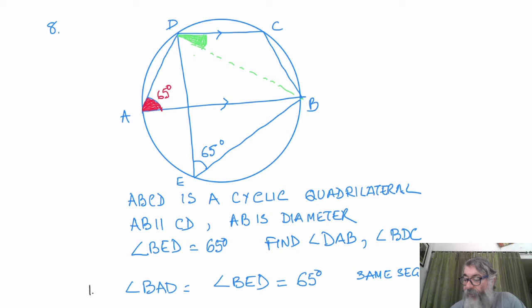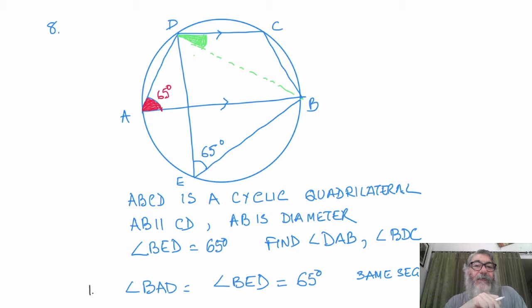Now again to explain this segment portion, just look at the chord DB. The chord BD is dividing the circle into two segments, and DAB and DEB are going to be equal, or BED and BAD are going to be the same, because these two angles have the same base BD and their vertices are lying on the circumference of the circle, on the same side of the chord, not on the opposite side.